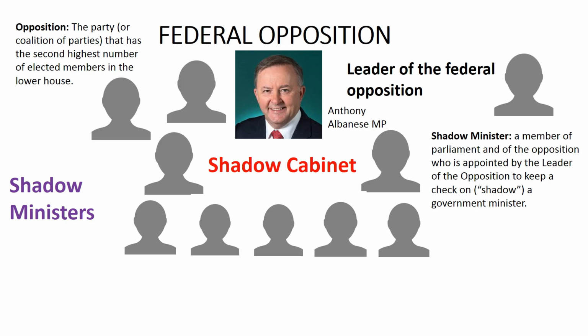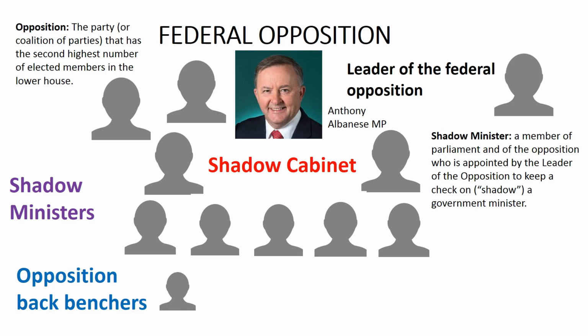Well, there are also some members of the opposition, that is members of the Labor Party, who have been elected to the Commonwealth Parliament, either in the House of Representatives or in the Senate, and who have not been appointed as shadow ministers. These people are called opposition backbenchers.